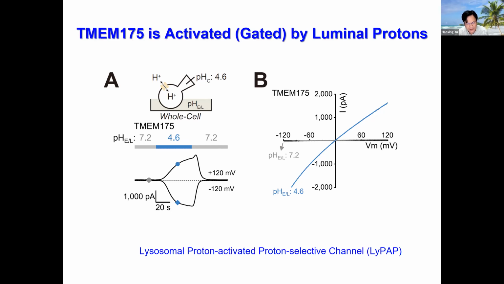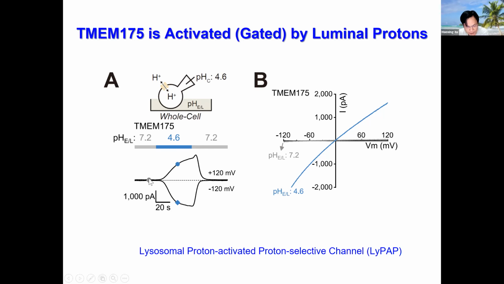If the channel is open all the time, in this reverse pH gradient experiment one would still expect current, but the current should be an outward current now, not an inward current. Does that make sense? But we don't see that, right? We don't see any current in this reverse pH gradient experiment, even though there is a huge proton concentration gradient.